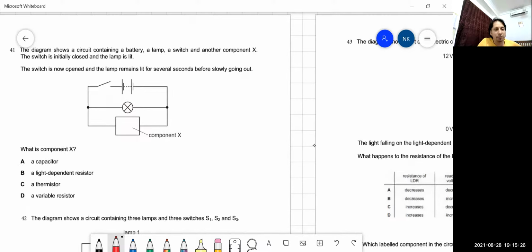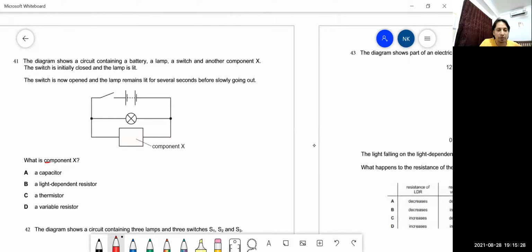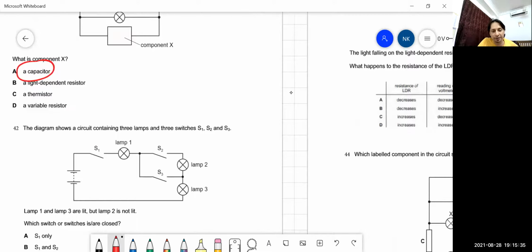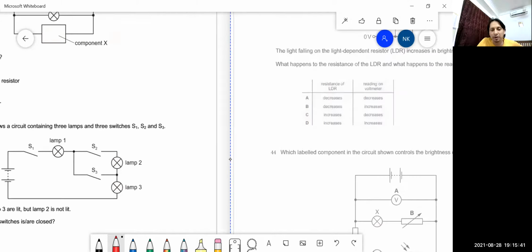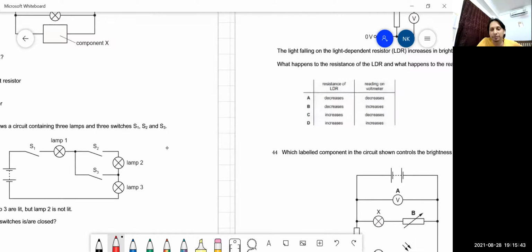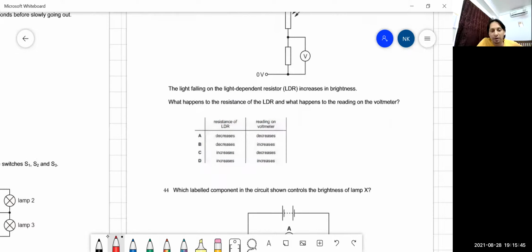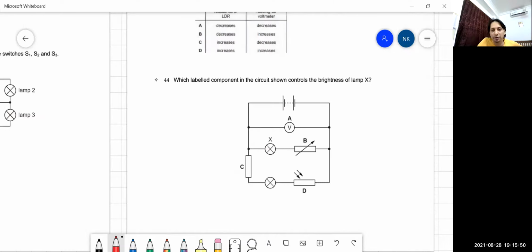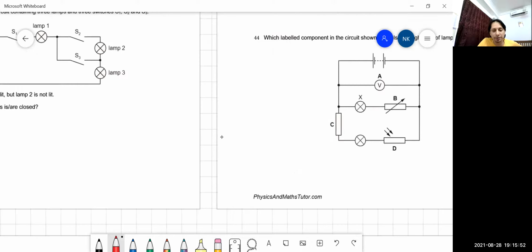In question number 41, again, the capacitor word is there in the option, so I don't want to discuss this one. And question 42 I already discussed in the previous. This is the same type of question, you practice it by yourself. And I want to discuss now question number 43, that is LDR. We are not going to discuss it. Question 44 we are not going to discuss.